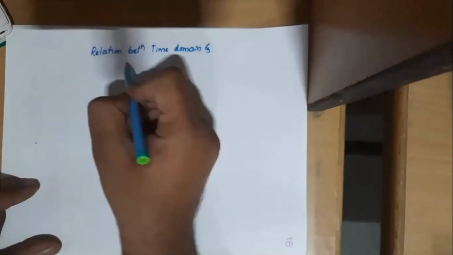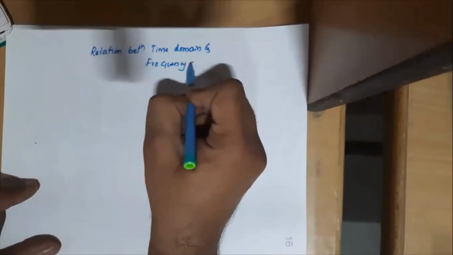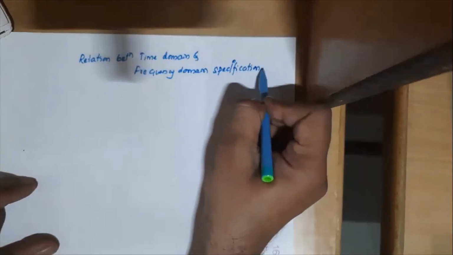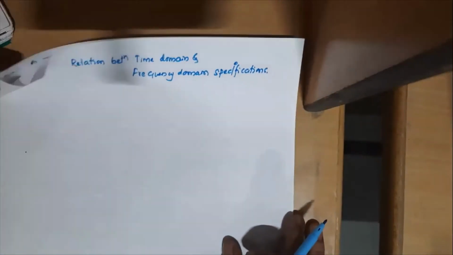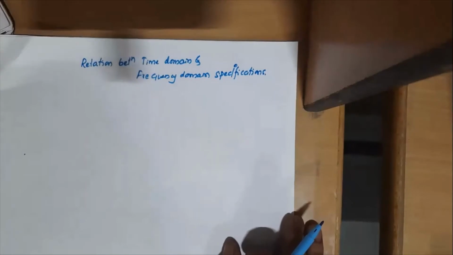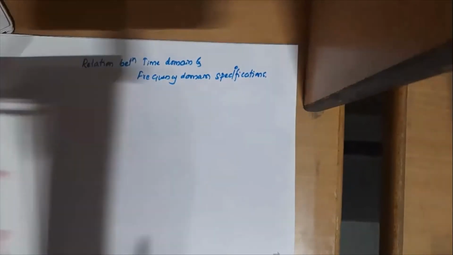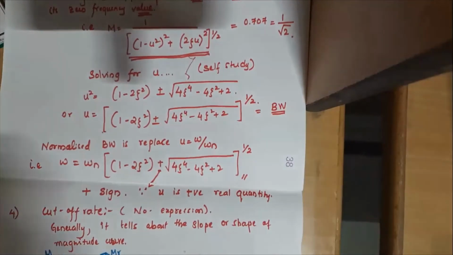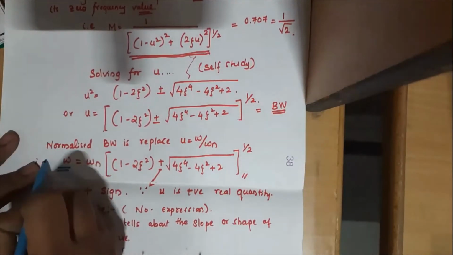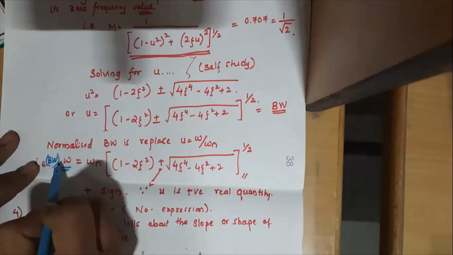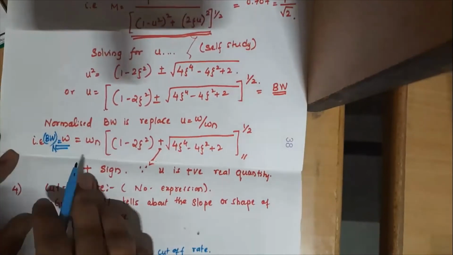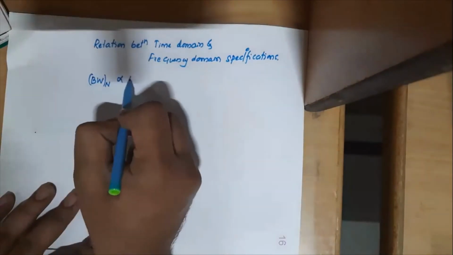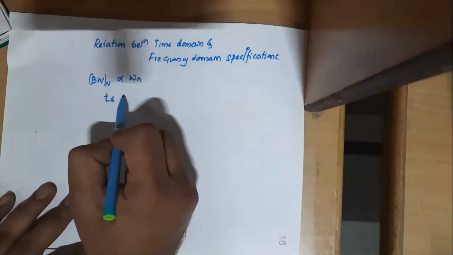So next topic is relation between time domain and frequency domain specifications. Again, no derivation, just a theoretical understanding. We know that normalized bandwidth, say BWN, equals omega n into something. I'll show you one simple relation, remaining you can find out yourself.